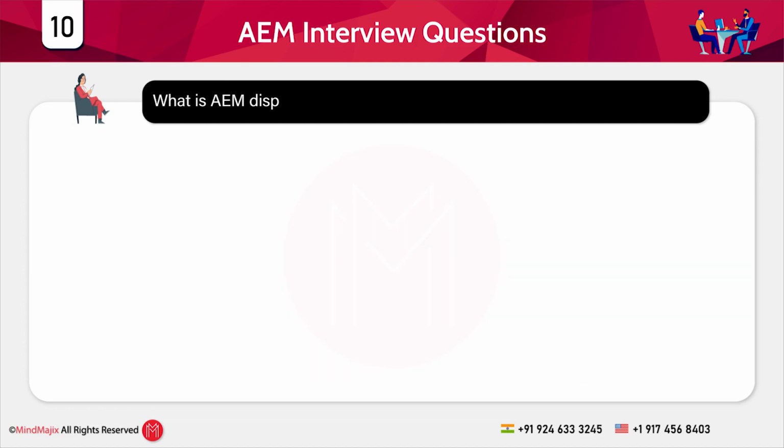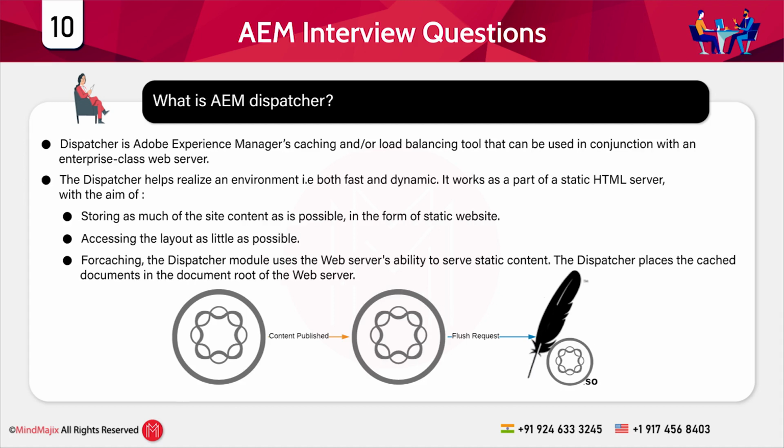Then what is a dispatcher? The dispatcher is Adobe Experience Manager's caching or load balancing tool that can be used in conjunction with an enterprise class web server. The dispatcher helps realize an environment that is both fast and dynamic. It works as a part of a static HTML server, storing as much site content as possible in the form of a static website, accessing the layout as little as possible, and the dispatcher module uses the web server's ability to serve static content.